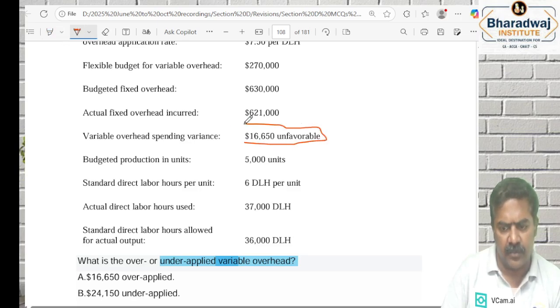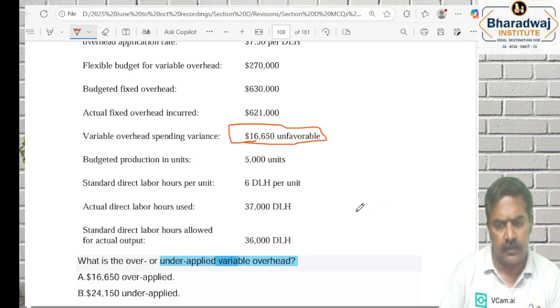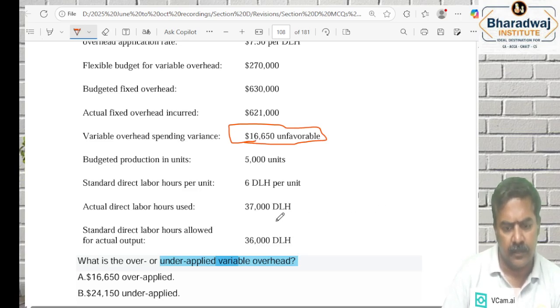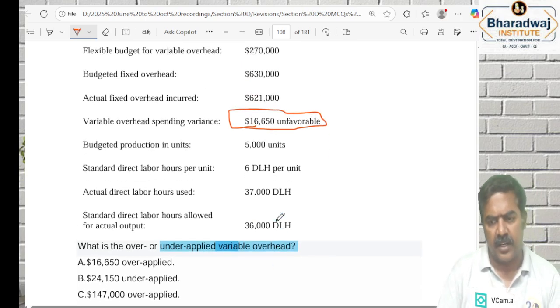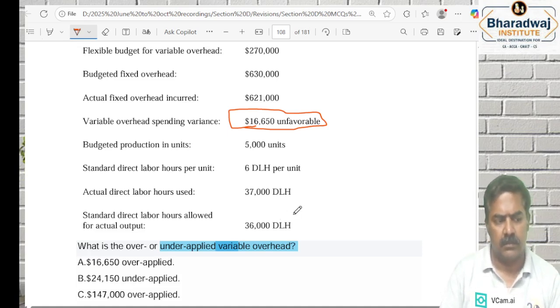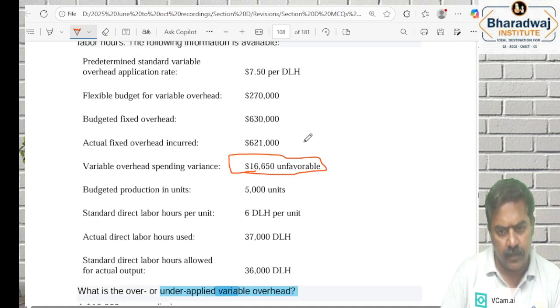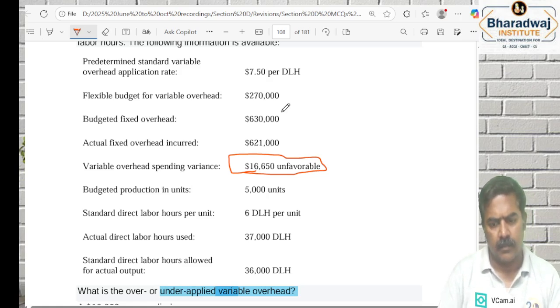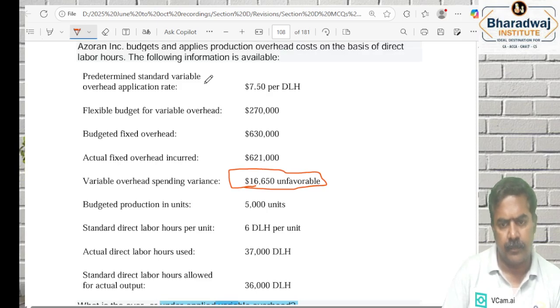Spending variance is given as unfavorable. Read through.